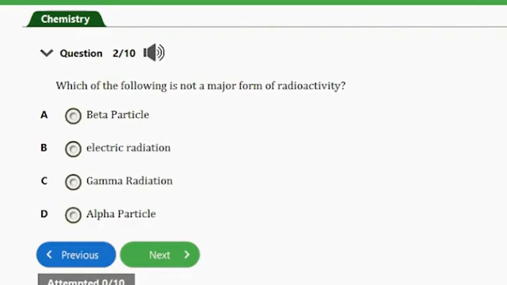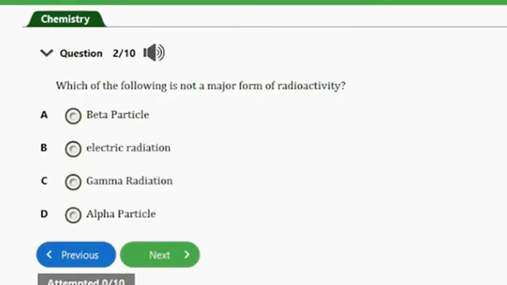Question number 2. The question says, which of the following is not a major form of radioactivity? We have A, beta particle, B, electric radiation, C, gamma radiation, and D, alpha particle. The answer to this question will be electric radiation.